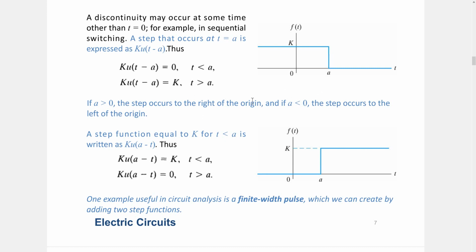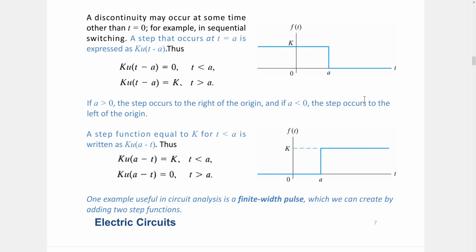And typically in this case, a step function equal to k for t smaller than or equal to a can be written as k u(a minus t). Okay, so here, as you can see, this can be represented by k u(a minus t) equals k. So in any case, it's possible to use combinations of these functions to write down finite pulses as well.